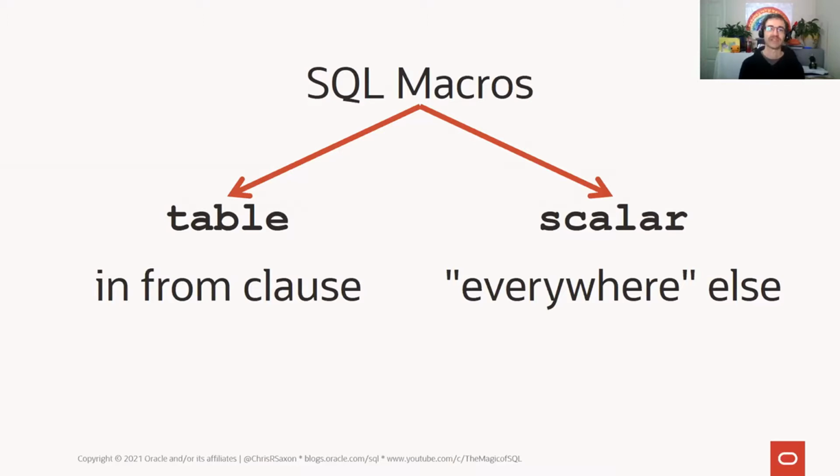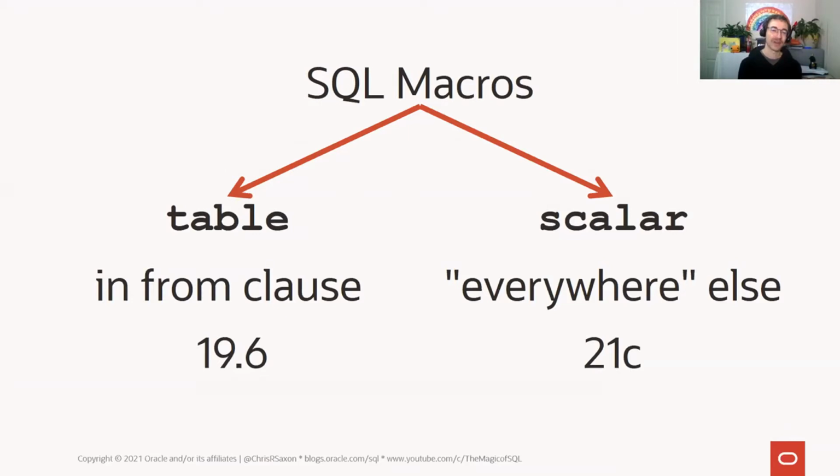Second thing to note is SQL macros was originally slated to be a 21c feature. However, table macros have been backported to 19c. Scalar macros are still 21c only. I do have to add an asterisk at this point: Autonomous is on its own version train. If you're using Oracle Autonomous Database, SQL macros have been fully backported to 19c there.